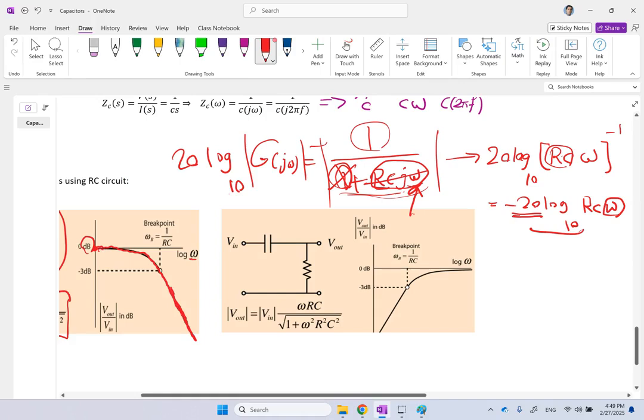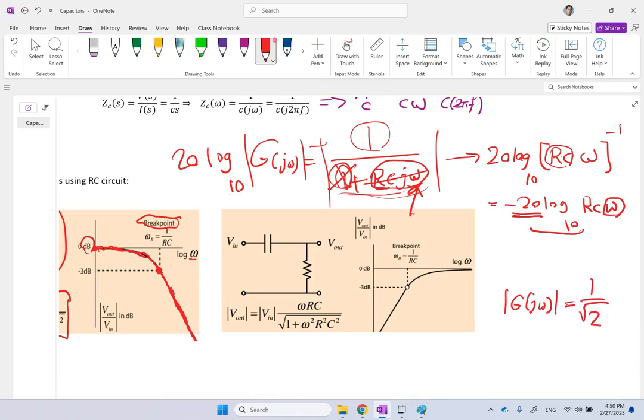And at some point, there is what we call a corner frequency, a breakpoint, a cutoff frequency. And that is when the magnitude of G of j omega becomes equal to 1 over square root 2, which is equivalent to the energy of your input dropping by 50%.